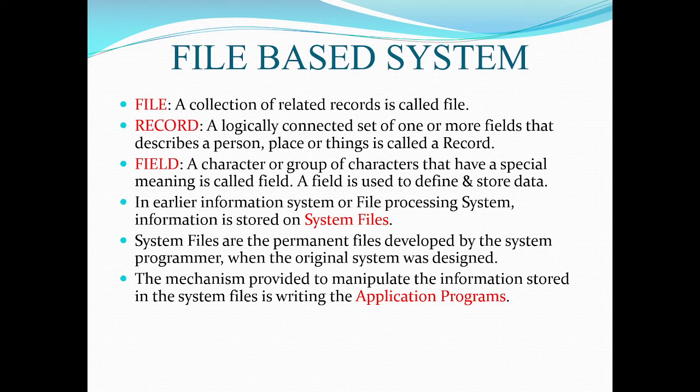So these are the basic contents regarding what is a file, a record, a field, and the structure that the file processing system uses to store the data, which is the system files, and the mechanism it provides to access that data, which is the application programs.